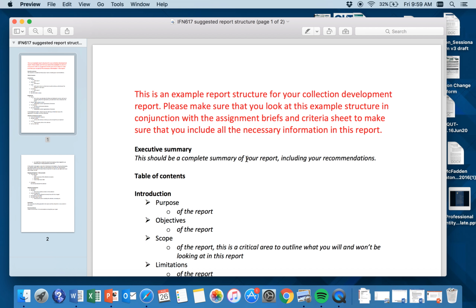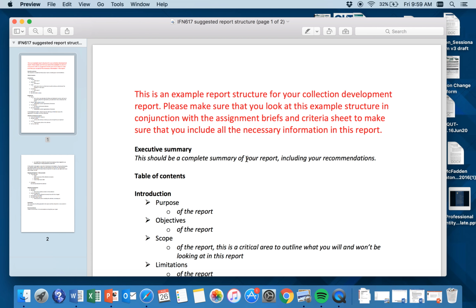I also suggest that you go into Blackboard and look at the example reports that are in there. As I said, they were written to last year's criteria sheet, not to the current criteria. So please don't take the headings from those and just use them, because they will be incorrect. They will all have budgets in them. You don't need budgets.